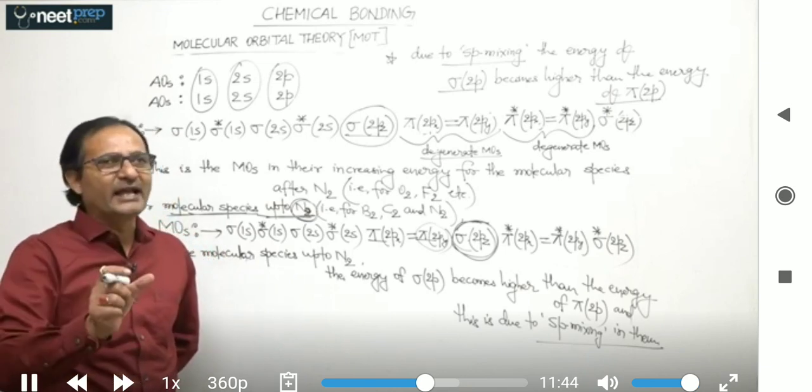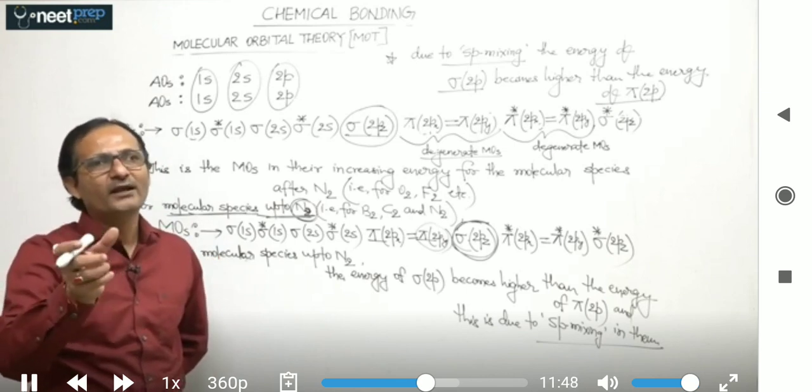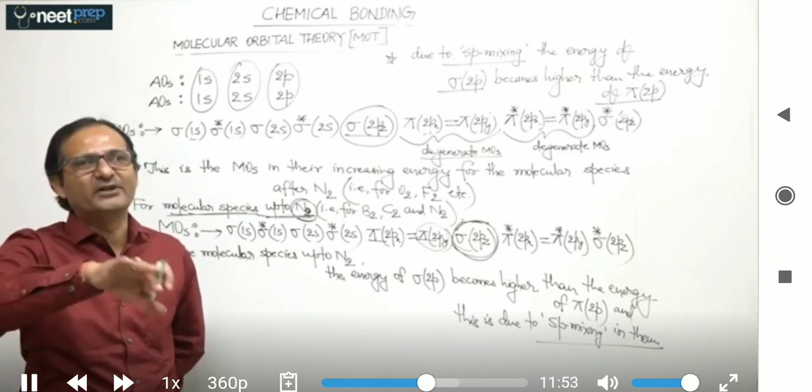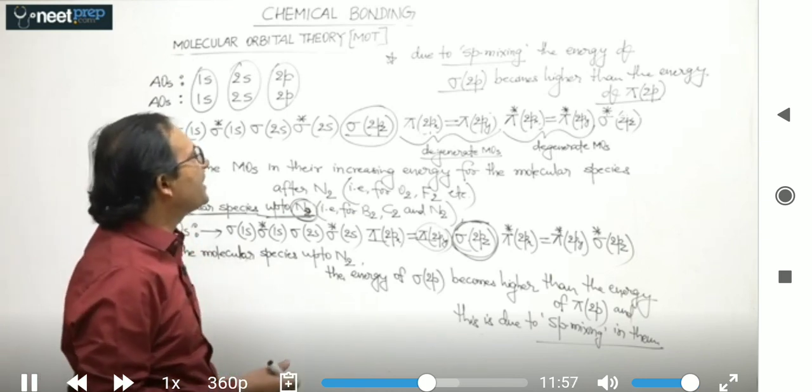If the energy gap between 2s and 2p is small, then there will be some mixing between 2s and 2p, and this is called sp mixing.